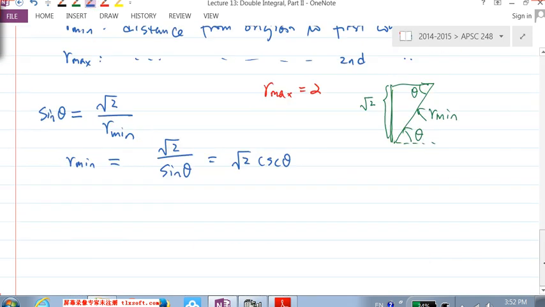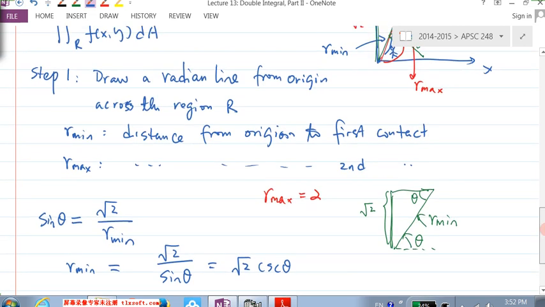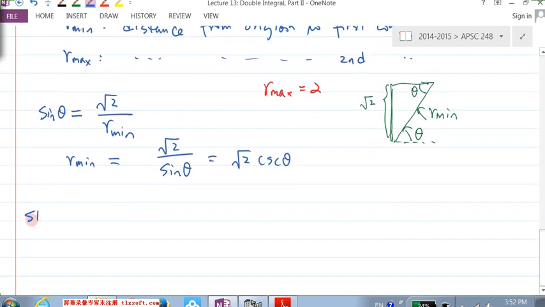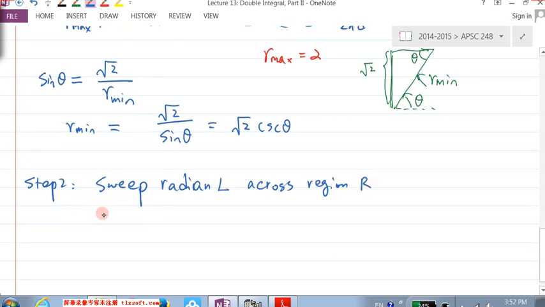So step number 2: sweep this reading line L across region R and find the bounding angles theta.